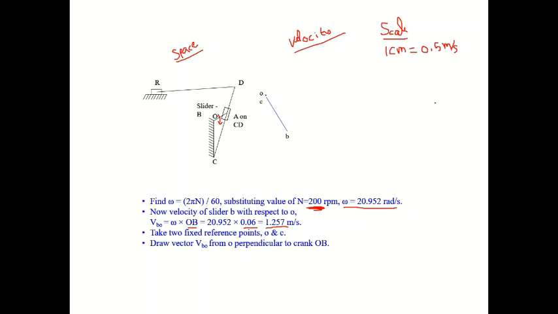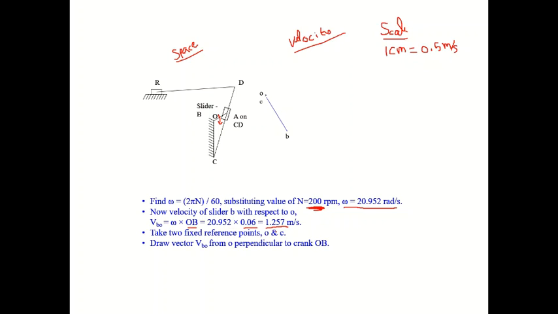In this question, you can have 1 centimeter equal to 1 meter per second. But then 1.25 meter per second means this line will be a 1.25 centimeter line, which will be very small. So I am going to enlarge the diagram by increasing the scale: 1 centimeter equal to 0.5 meter per second.